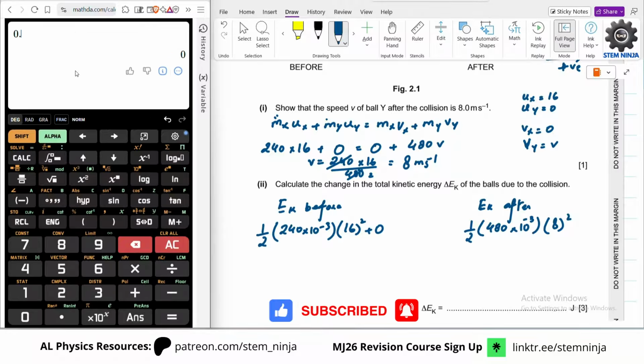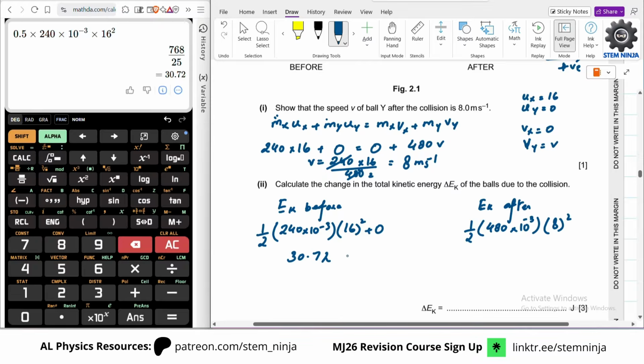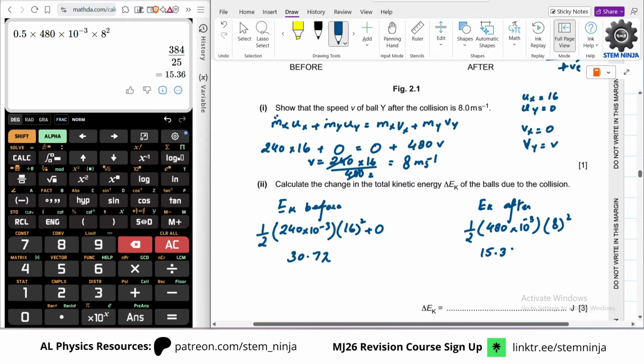So let's figure this out. 0.5 times 240 times 10 raised to power minus 3 times 16 whole squared is 30.72. And the next one is 480 and 8 squared, so we get 15.36.